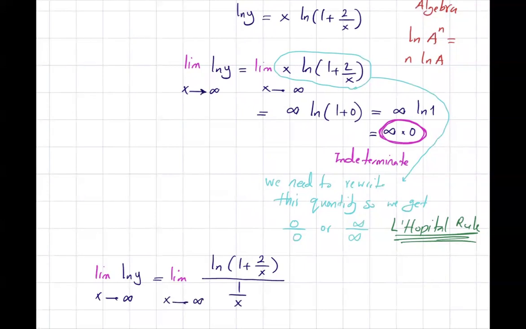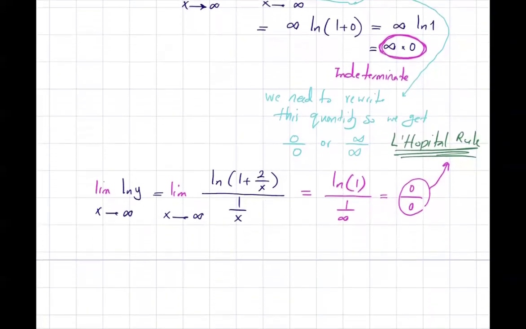When I write it this way, this becomes ln of 1 divided by 1 over infinity, or I end up with 0 over 0. Now I can apply L'Hopital's rule. Very good. Everything seems to be working perfectly.